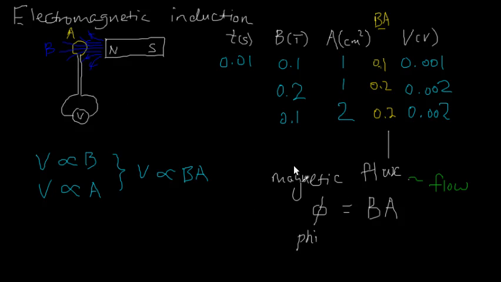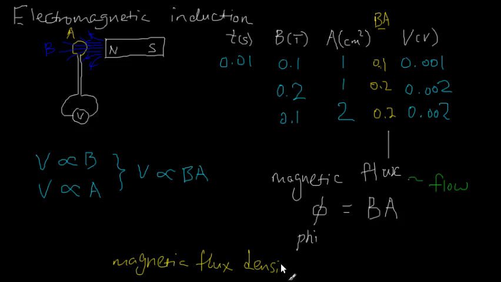So now that we know that this quantity, B times A, is a magnetic flux, we might start to understand why B itself was called the magnetic flux density. Let me write this down. Magnetic flux density.